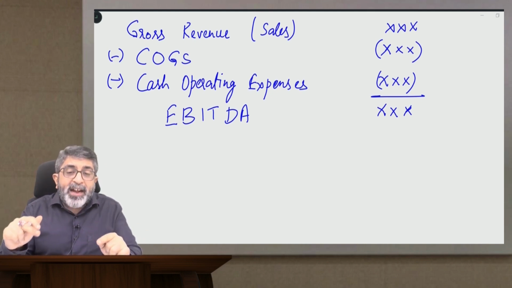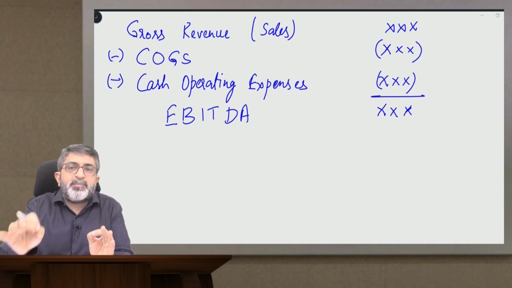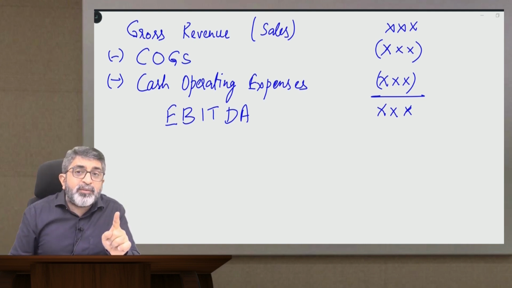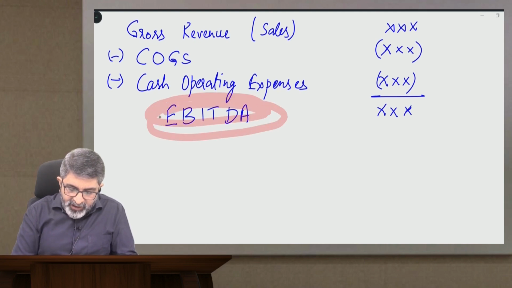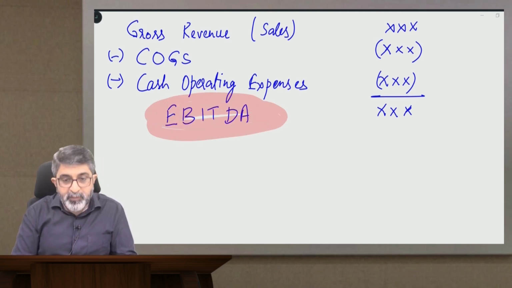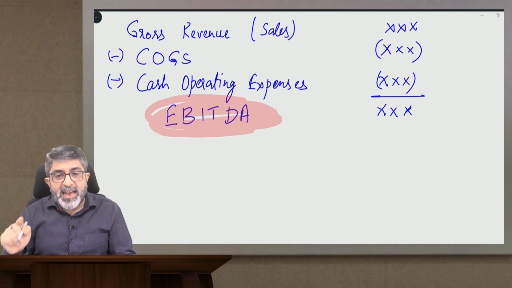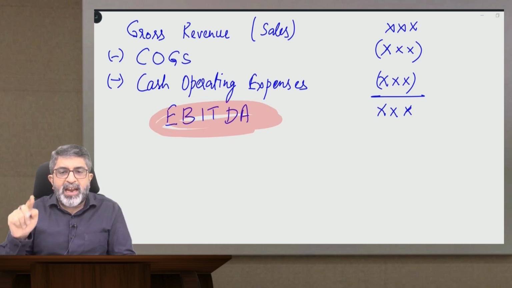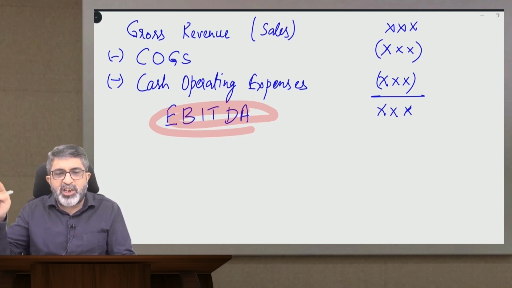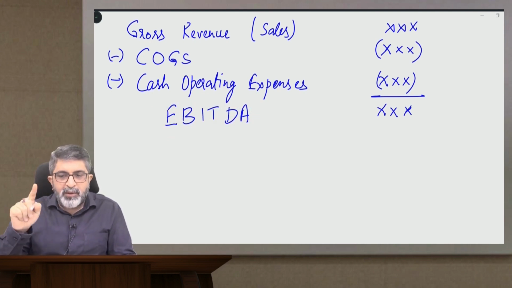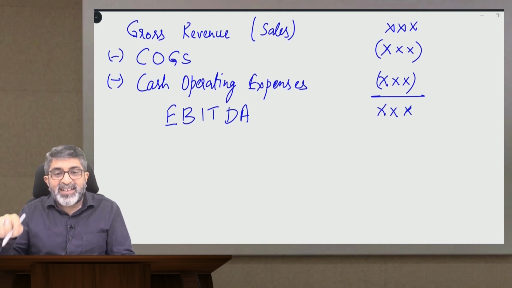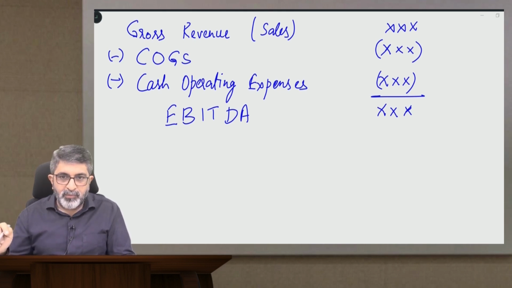Then we are subtracting only the cash expenses, meaning non-cash expenses are not subtracted. That is why what you arrive at is EBITDA, that is earnings before interest, tax, depreciation and amortization. You know the full form of EBITDA, right? Earnings before interest, tax, depreciation and amortization.